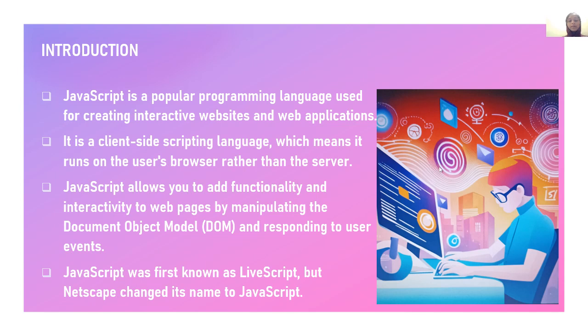JavaScript works by manipulating the document object model of a web page. The document object model is a tree-like structure which represents the HTML elements of the web page. So JavaScript can manipulate the structure of the web page and change the content and the behavior of the page.